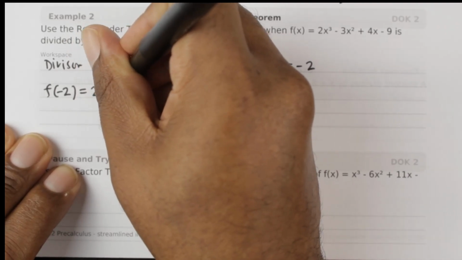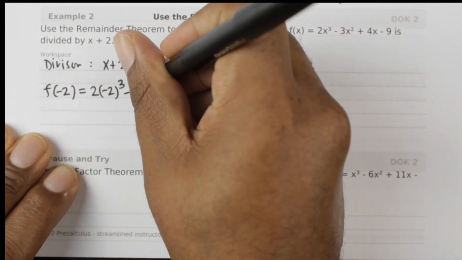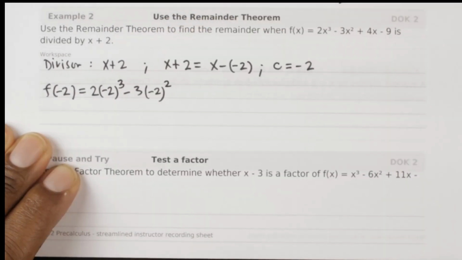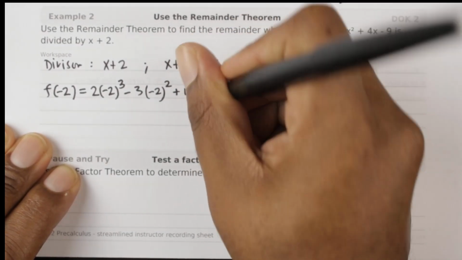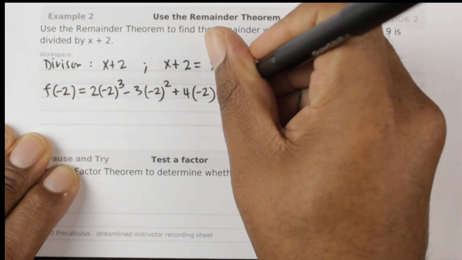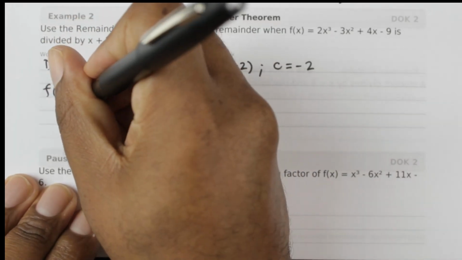f of negative 2 is 3 times negative 2 cubed plus 4 times negative 2 squared minus 9. We need to simplify this very carefully.